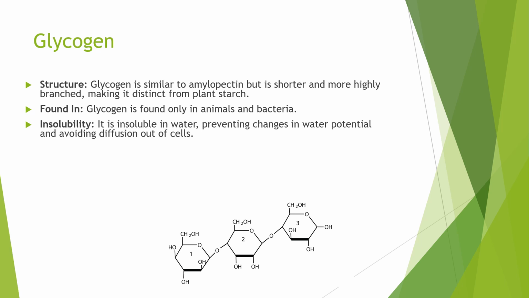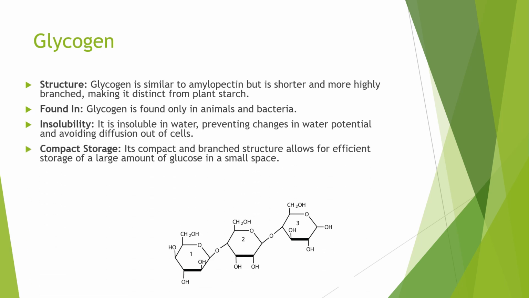This is important because it prevents the molecules from affecting the water potential in cells, ensuring there are no unwanted osmotic changes. Its compact structure also means that a large amount of glucose can be stored efficiently without taking up too much space, making it ideal for animals that need quick energy storage.